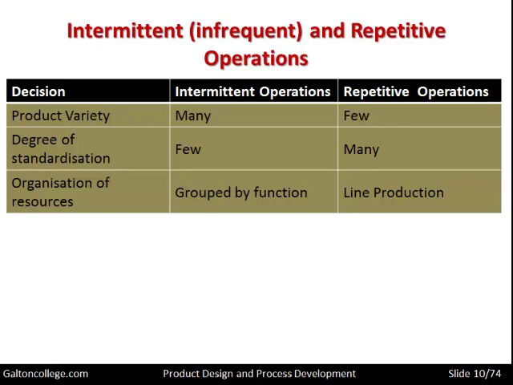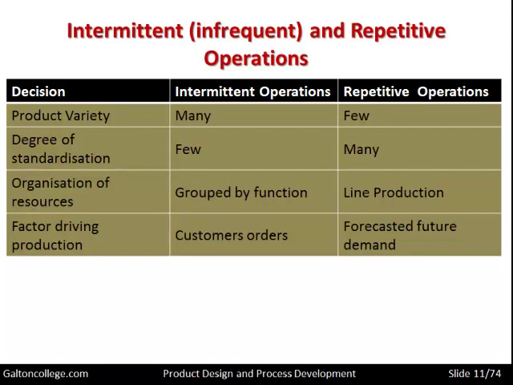Whereas for repetitive operations, it's line production. Line production means it's running continuously and the resources are set up and dedicated to the production of that item. It's a continuous production. Whereas with intermittent, the resources are grouped by function and delivered by function, what is required.